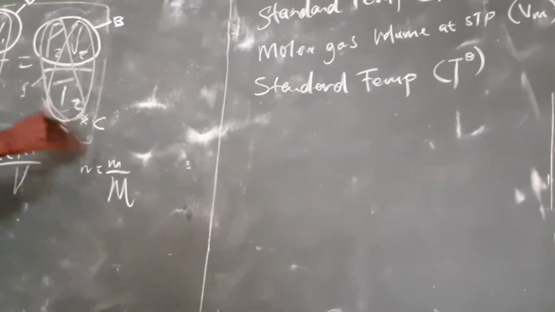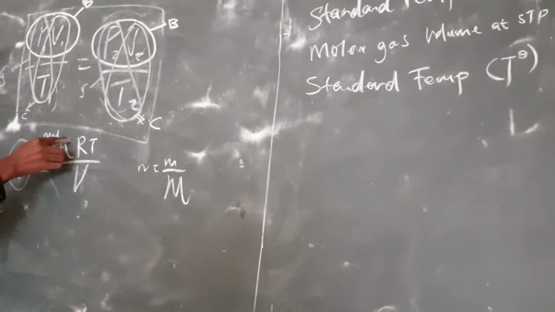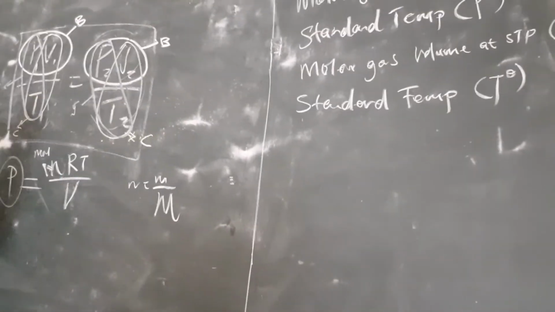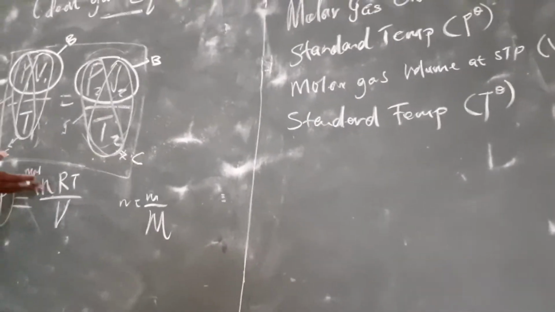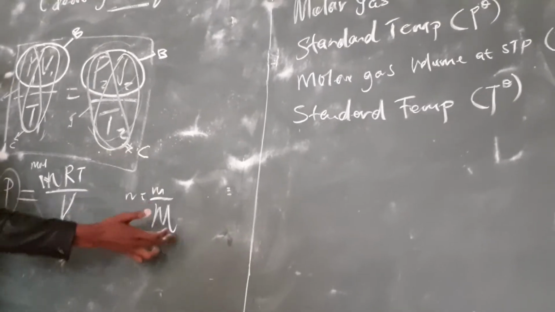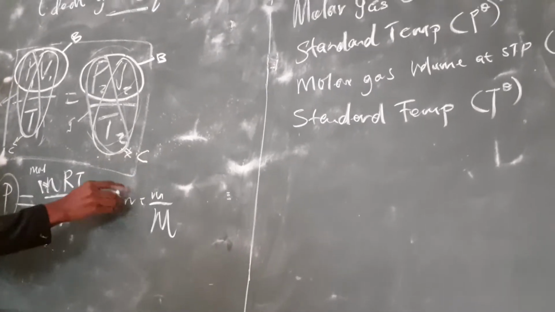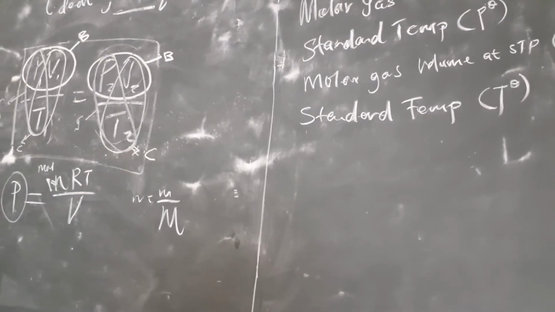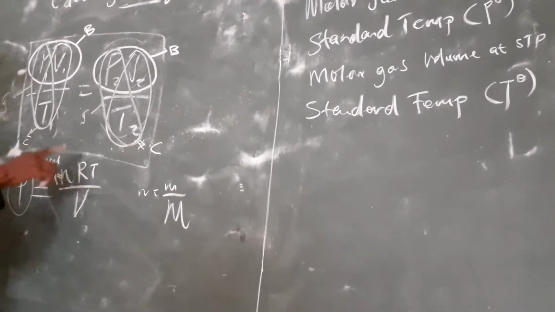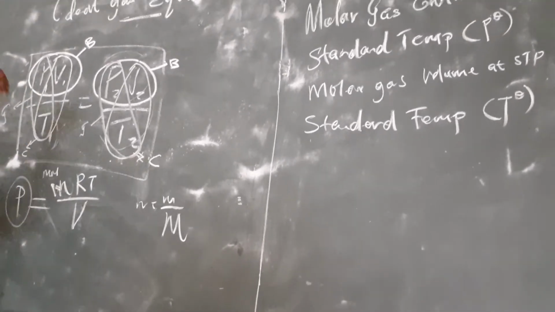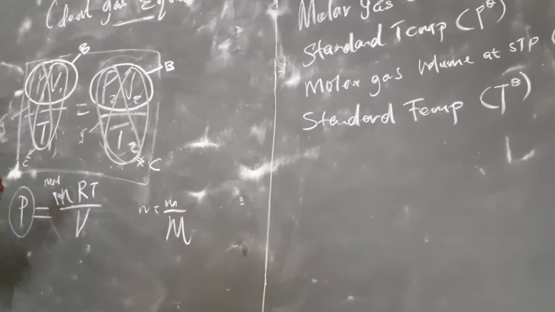So you can still interpret it that way, since the number of moles is represented by this. Supposing you don't have the number of moles, you can use this formula to get it, and the answer you get, you substitute here.